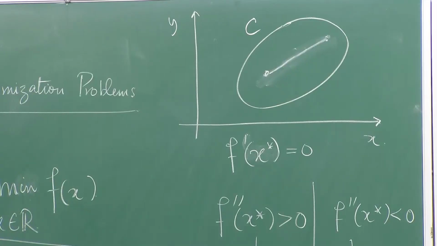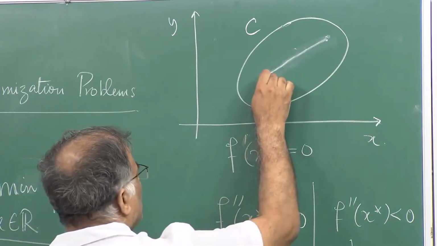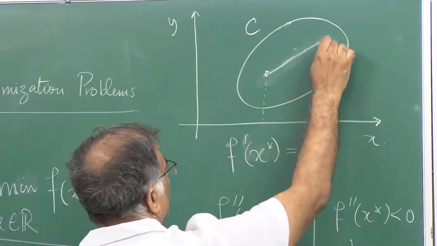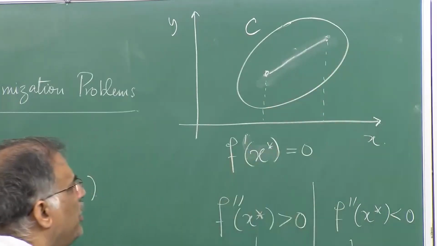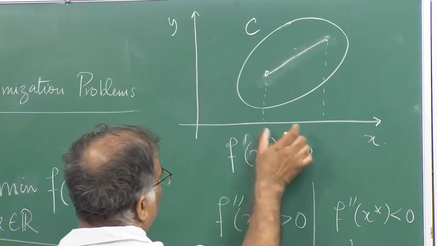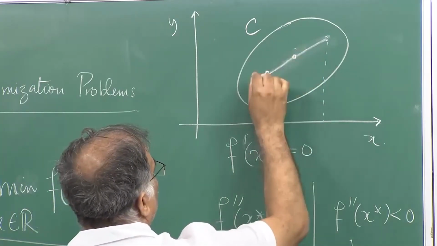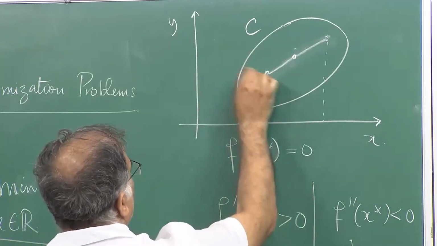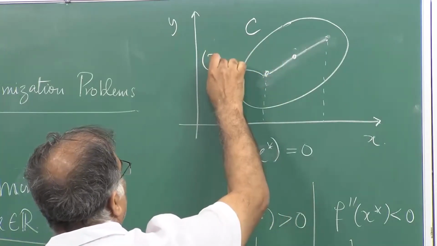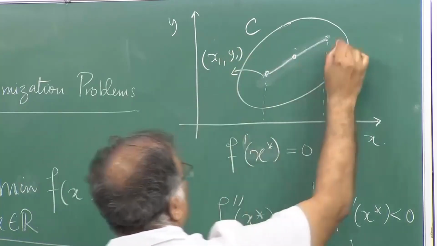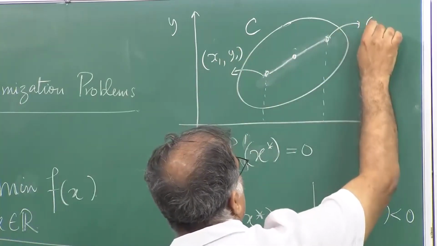How do I express this point? And you know this very well from your coordinate geometry, that if I want to take any point here, how do I describe it? So, suppose this point is given by x1 y1 and this point is given by x2 y2.